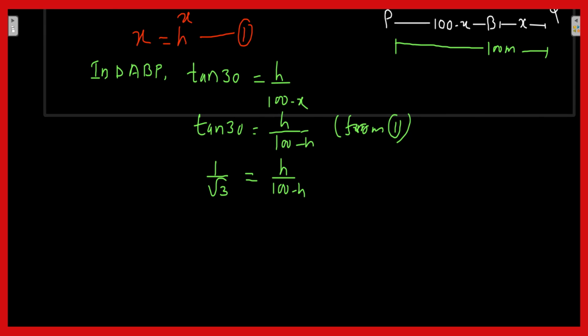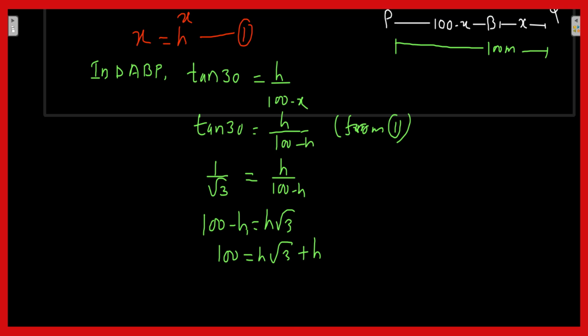Now cross multiply, and you will get 100 minus h equal to h root 3. Take h to the other side, and so it will be 100 is equal to h root 3 plus h.